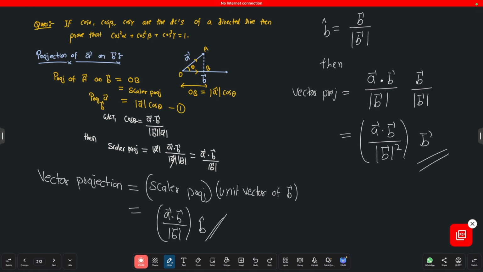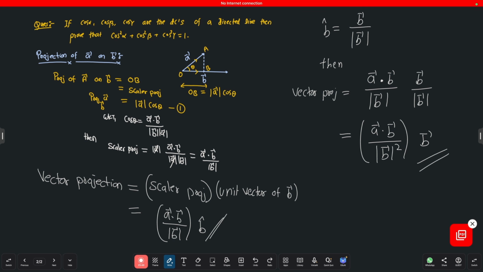Questions come directly like this. They ask what is the projection vector of A vector on B vector. Sometimes they will ask only scalar projection. You have to differentiate which one they have asked. If the term is only mentioned, find the projection, it is scalar projection. If they ask to find the vector projection on the other vector, then it is A dot B upon mod B square times B vector.